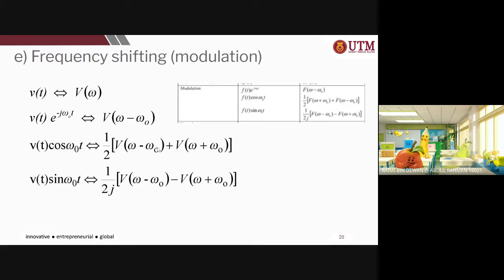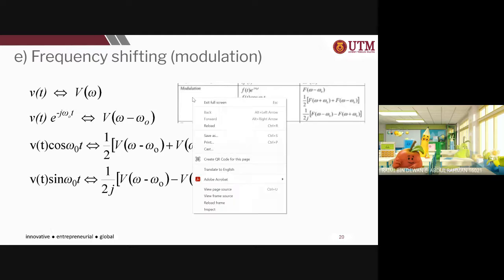So when you modulate, you will have two signals, one in the lower region, omega minus omega naught, and the other at omega plus omega naught. And for sine you have 1 over 2j. You know why we have 2j here, right? It's from the previous chapter, you should know already.